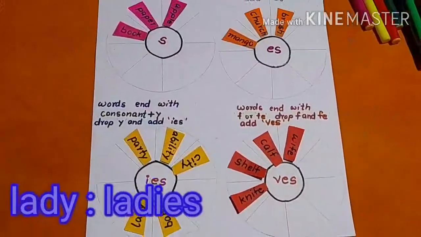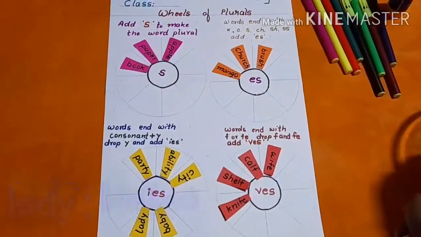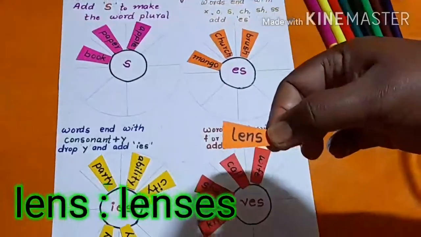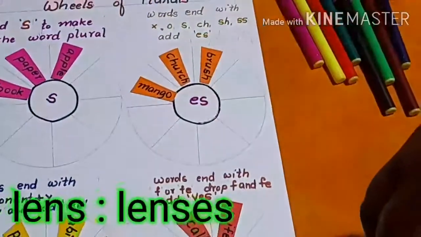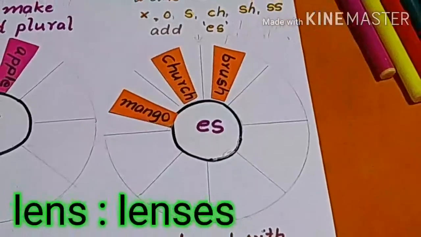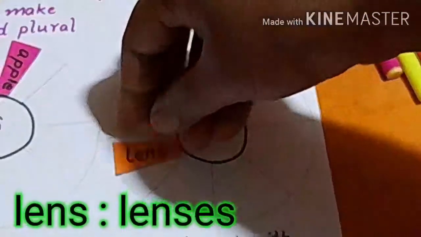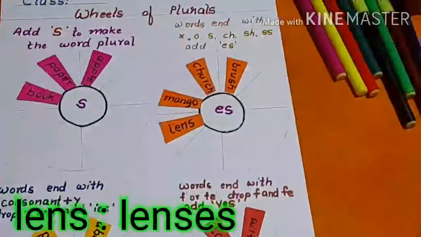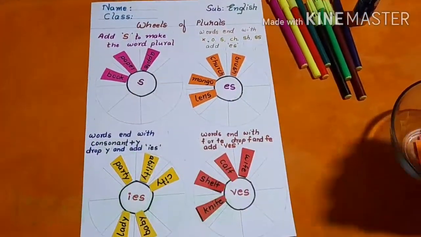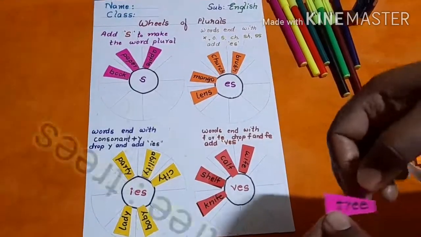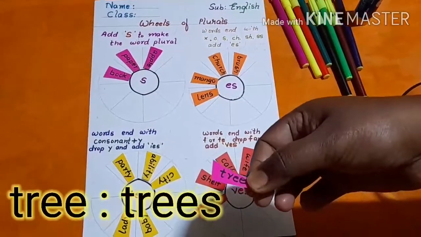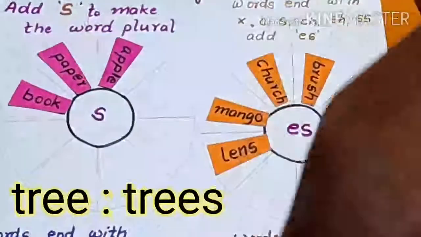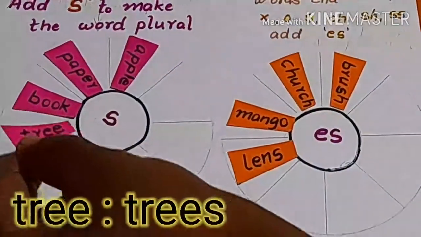So it is ladies. Next word is lens, ends with s. So rule is here only, so the plural is lenses. So let us keep the word here. Next we have tree. The plural of tree is trees. So we have to keep in the first wheel, adding only s to the word.